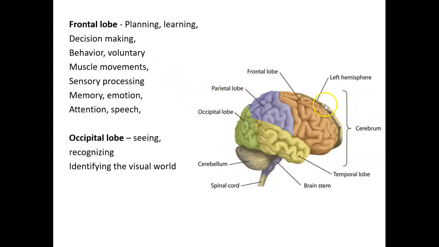I wanted you just to look at the frontal lobe and the occipital lobe and talk about some of the major functions. Some of the most important things that the cerebrum does are in the frontal lobe and the occipital lobe. When we look at this cerebrum, obviously it's the largest part of the brain, and it's the part of the brain that is most different between humans and other animals.